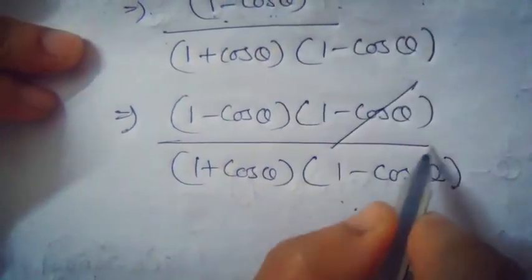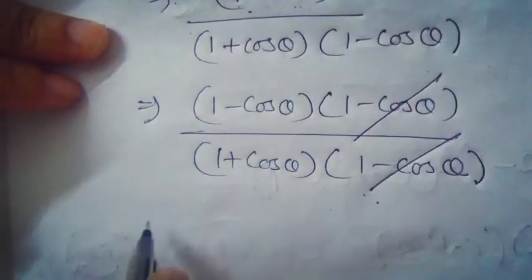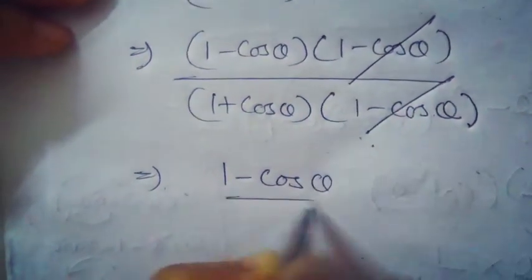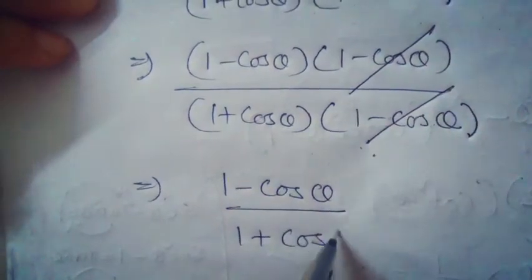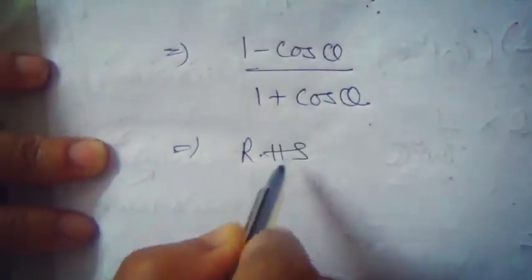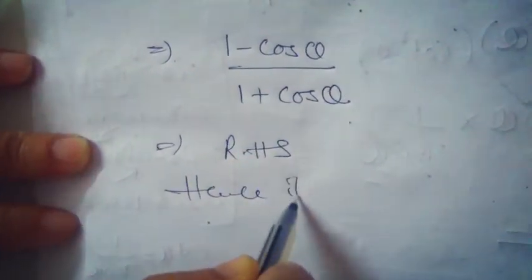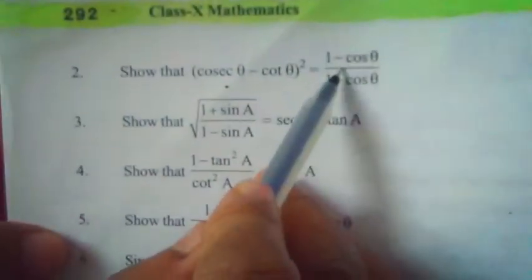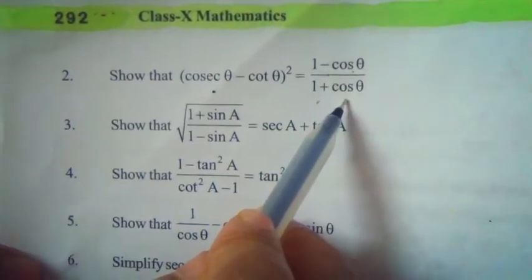Here 1 minus cos theta and 1 minus cos theta, we just cancel. The remaining is 1 minus cos theta by 1 plus cos theta. So here it is RHS. Hence it is proved. We had to prove 1 minus cos theta by 1 plus cos theta.